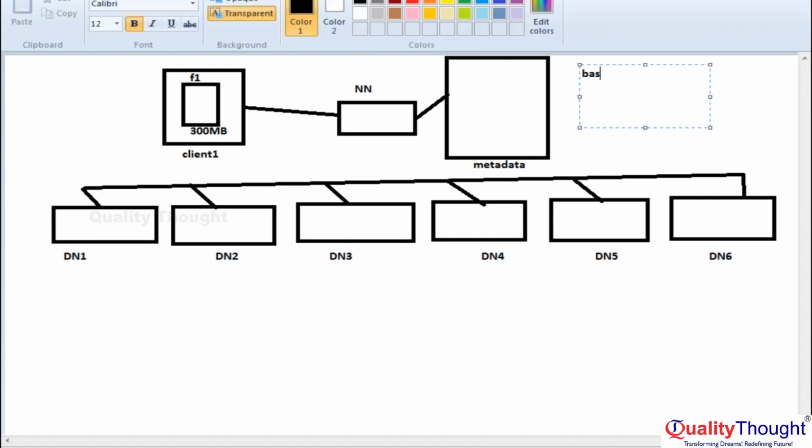This metadata is based on block size, replication factor, and the proximity algorithm.